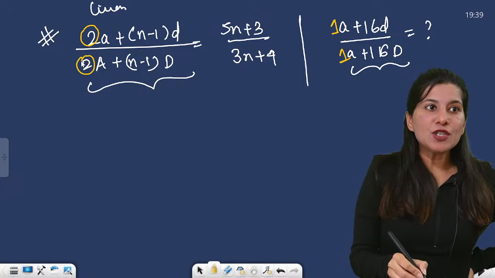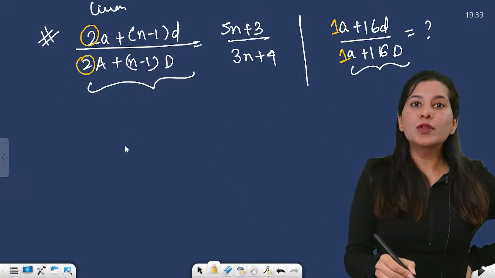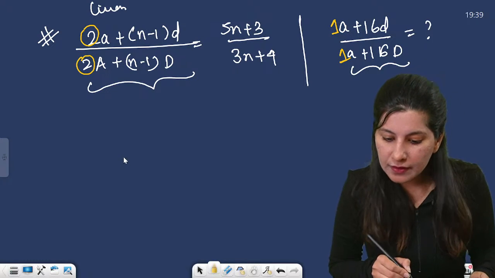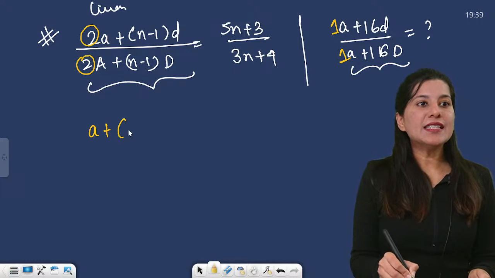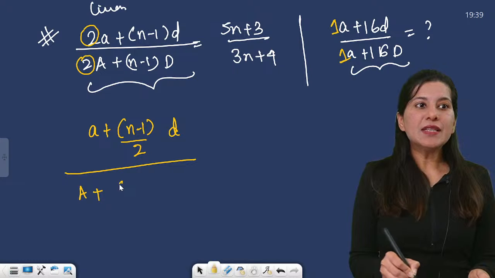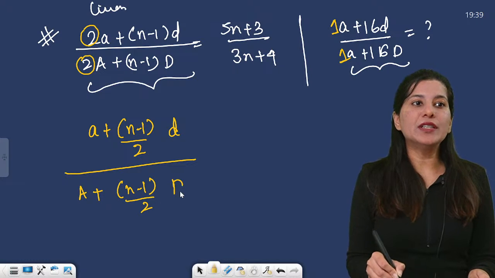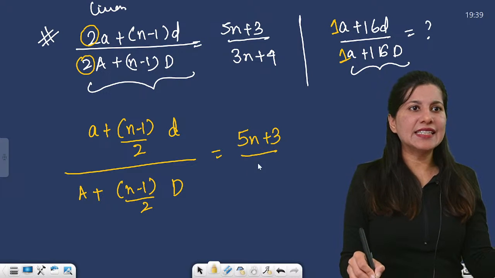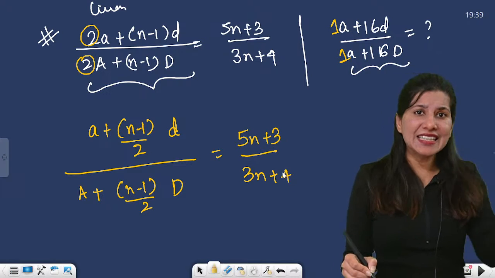So I am just going to take 2 common from both the numerator and denominator. Understood? So a plus n minus 1 by 2 d, capital A plus n minus 1 by 2 D. The right hand side will have no change. That will be exactly the same because we have not done anything to the expression.